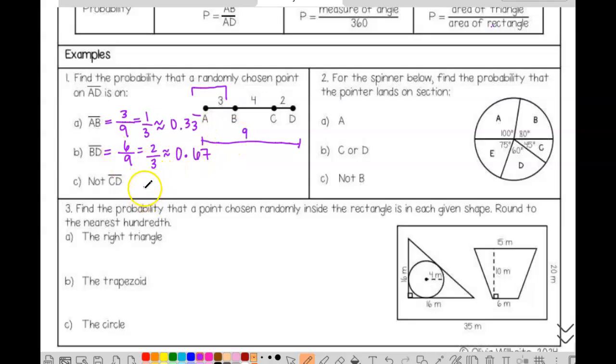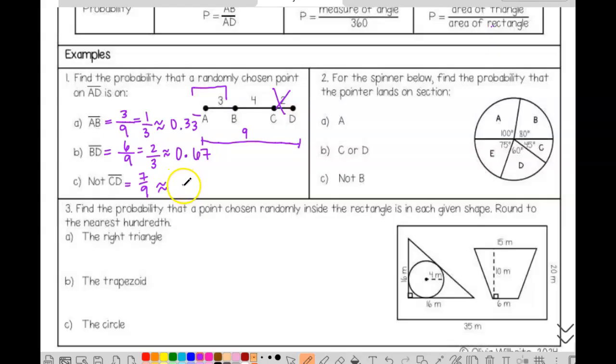Part C says the probability of not landing on CD. So we don't include this length. What is that equal to? 7 over 9. Good. Can we simplify that? No, nothing divides 7 and 9.